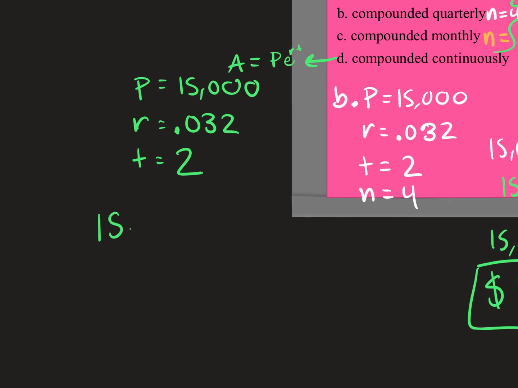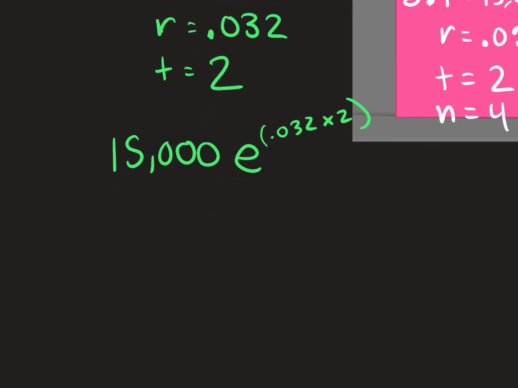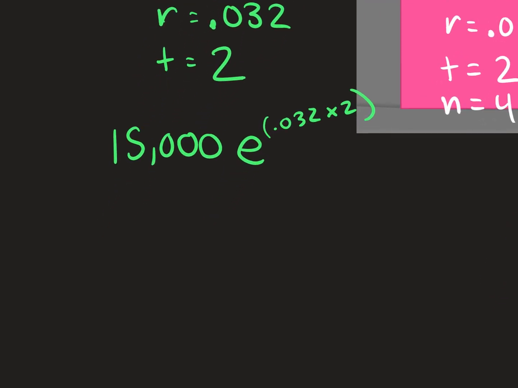We plug everything in. So I have 15,000 times E to the power of 0.032 times 2. What do I have to do first? The exponent. I need to multiply my exponent first because I have 0.032 times 2 in the exponent. So 0.032 times 2.